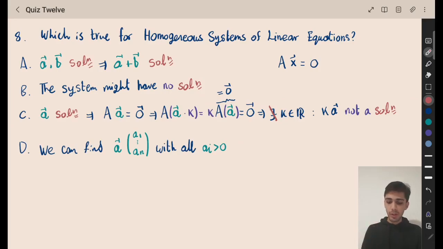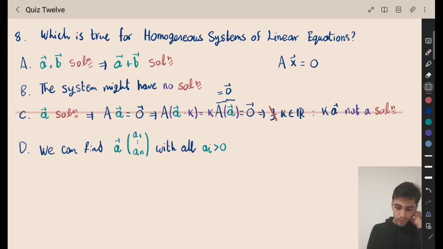So any K you place as a multiple of A will give you another solution. So you get a full family of solutions just by scaling A. So this is not true. There is no such K that could make our Ka not be equal to the zero vector.